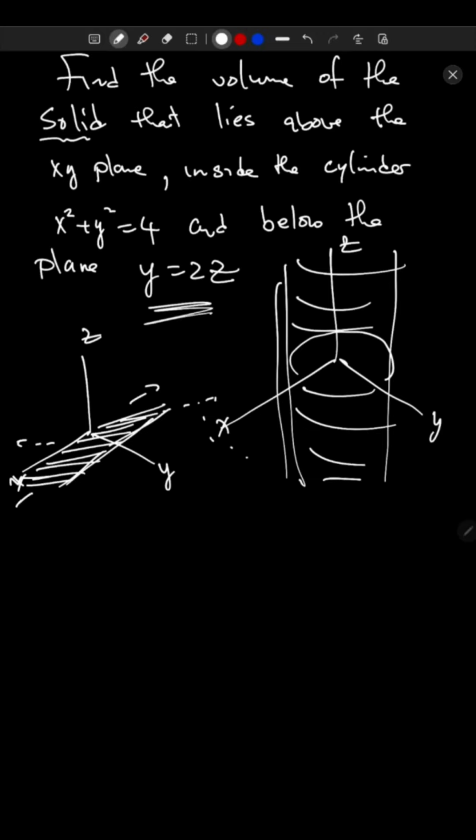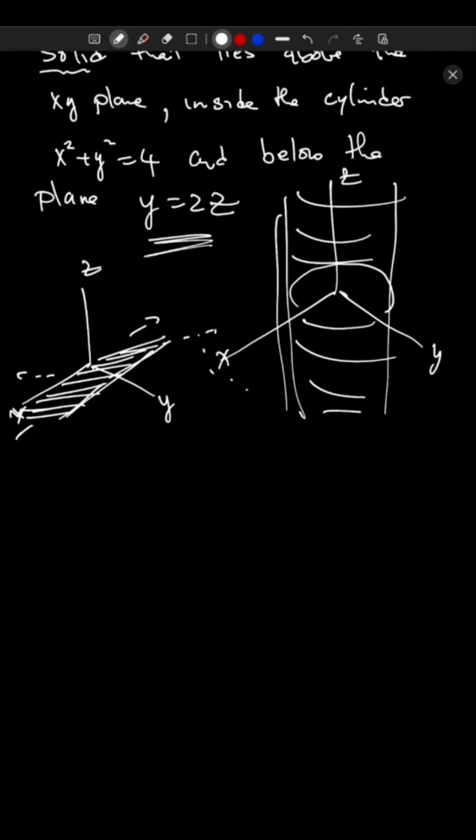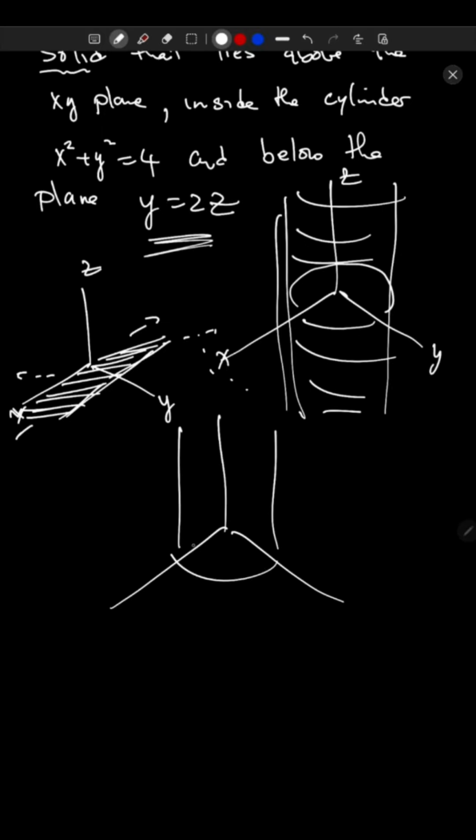Okay, however, we're only interested in the part above the xy plane, and we're only interested in the part inside the cylinder. So if we try to draw this all together, it's going to look like we have a cylinder here, right? And we're cutting it. Let me draw the other side as well, kind of like that, right? So we're cutting it with our plane. So our plane goes here, right?